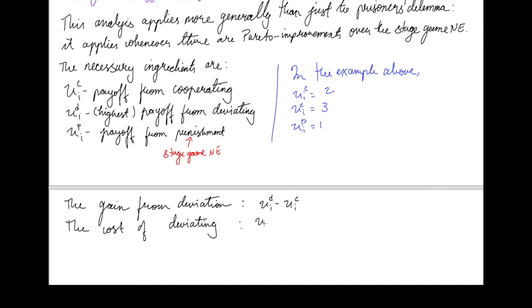You would have gotten u_i(C) in every future period, so your continuation value would have been u_i(C) divided by 1 minus delta, so your discounted continuation payoff would be delta times that. But if you deviate, you get the punishment payoff in all future periods, so your discounted continuation payoff is delta times u_i(P) divided by 1 minus delta. So that's delta times u_i(C) minus u_i(P) divided by 1 minus delta.